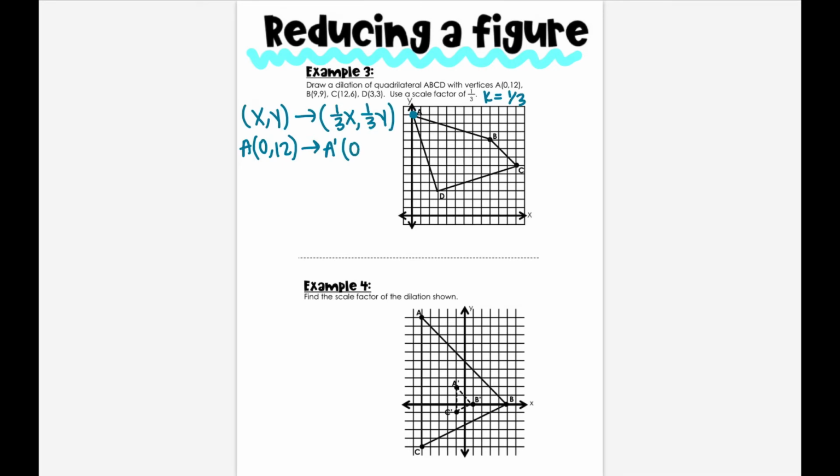So A prime is going to be 1/3 of both of those points. So 0 divided by 3, or 1/3 of 0, is still 0. And 1/3 of 12, or 12 divided by 3, is 4.